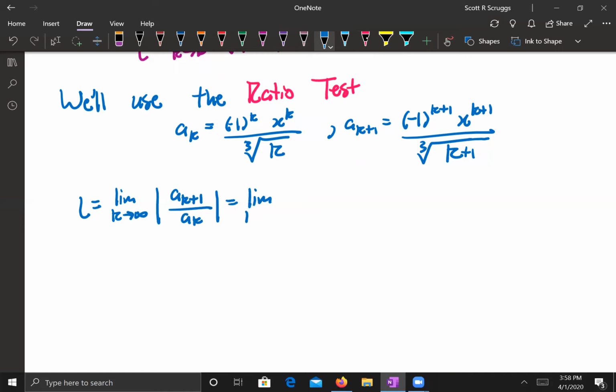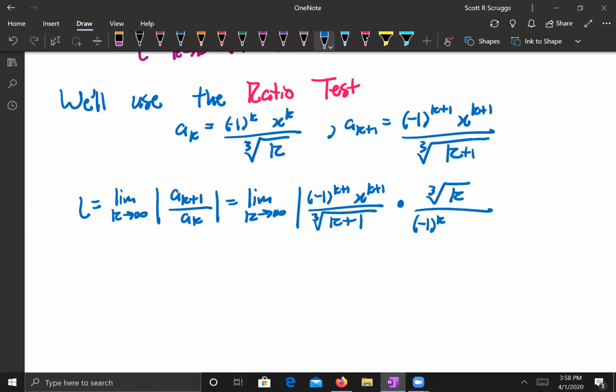And like we talked about before, for the ratio test, we're going to take the A of k plus 1 power and multiply it by the reciprocal of A of k, cube root of k divided by -1 to the kth power x to the k. Now let's try to simplify that guy.